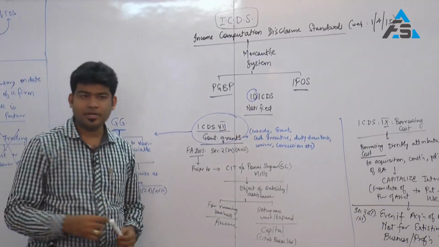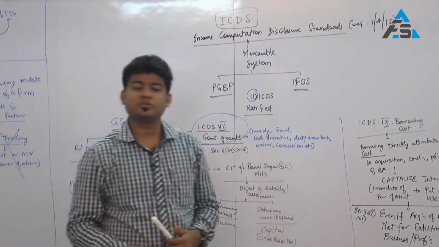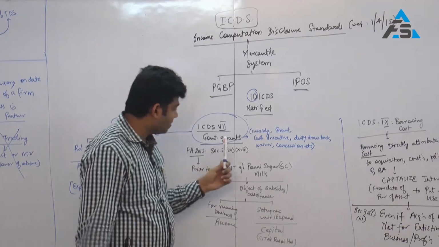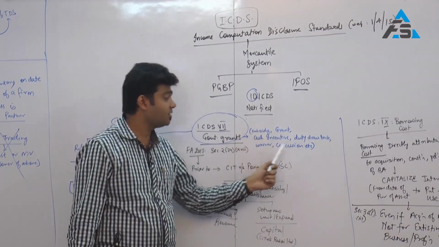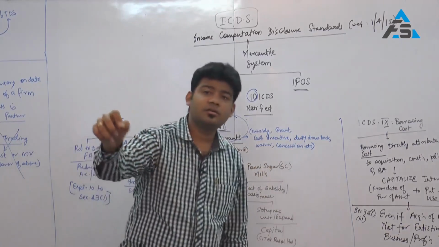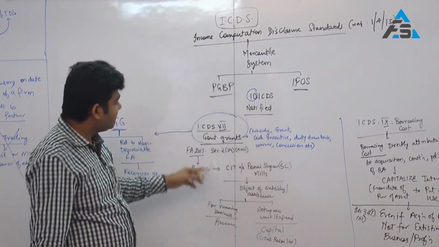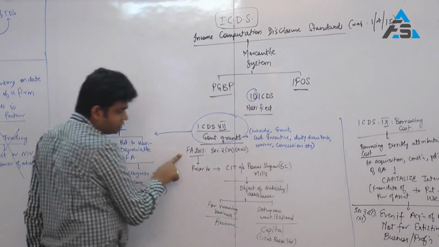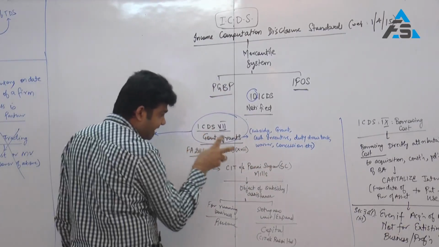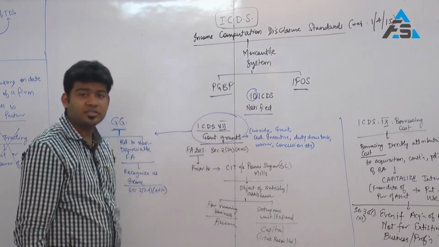So ICDS 7 speaks of government grants. Your link with AS is AS 12, which speaks of government grants. So what are government grants? Any subsidy, grant, cash incentive, duty drawback, waiver, concession, or anything called by any other name will be your government grants. Now, prior to Finance Act 2015, there are a lot of case laws associated with this concept.